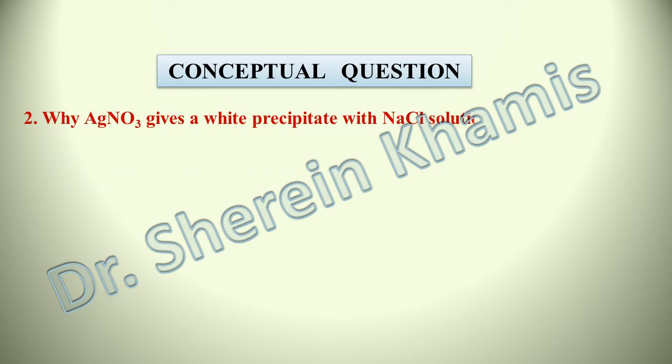Another question: why does silver nitrate give a white precipitate with sodium chloride solution but not with carbon tetrachloride? We have another point to discuss. I give you the more difficult questions first, to understand and repeat these questions until the exam.